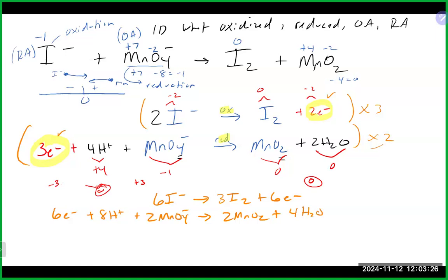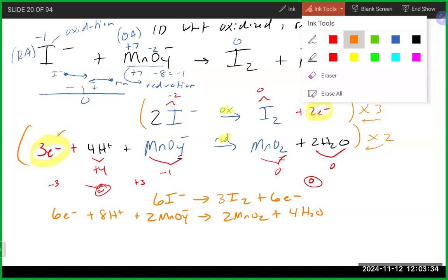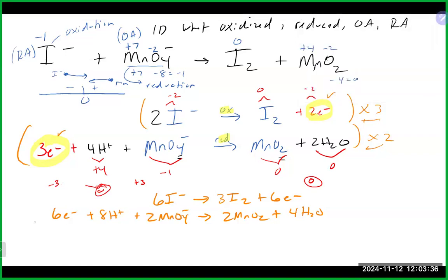And again, I just obviously multiply these numbers to everybody. Now, when I'm ready to add these together, we will get our electrons to completely cancel, which is always the goal here. So we're going to do that. Electrons will cancel.